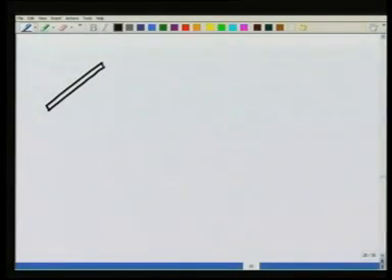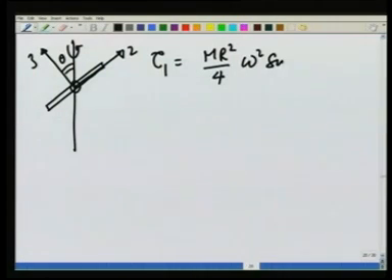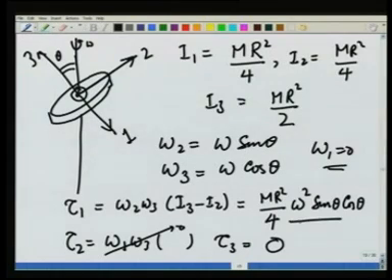Let us look at this disc in the position when it is like this. 1 is coming out of the plane, 2 is like this, 3 is perpendicular to the disc, and it is rotating like this. This angle is theta, and we see in this case that the torque is coming out to be tau 1, which is mr square over 4 omega square sine theta cosine theta, as we saw in the previous slide.